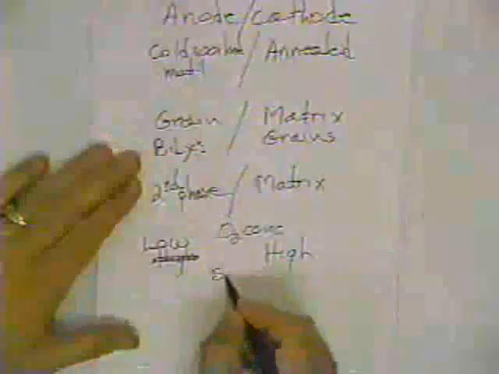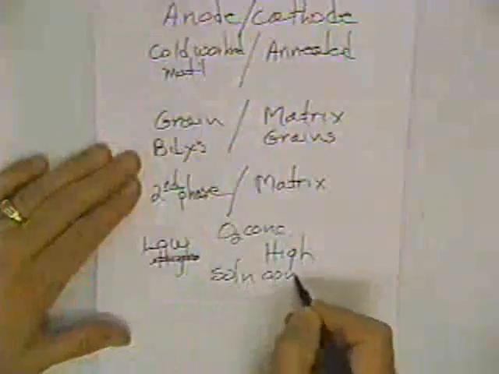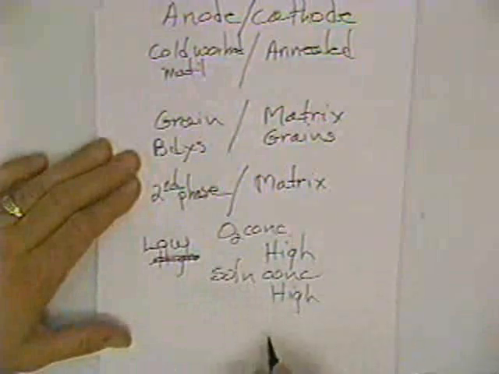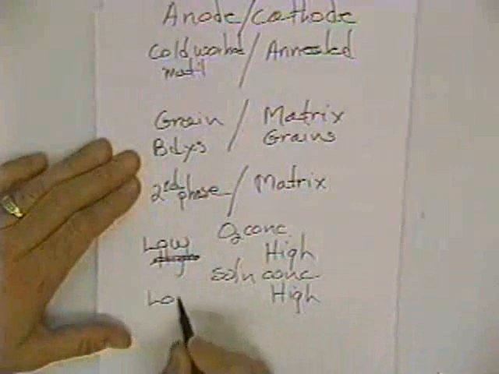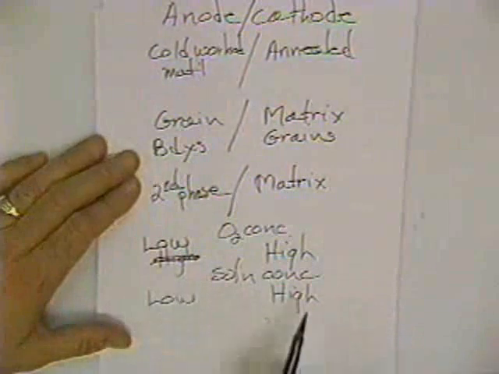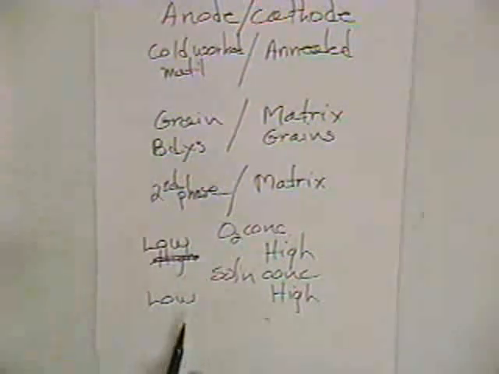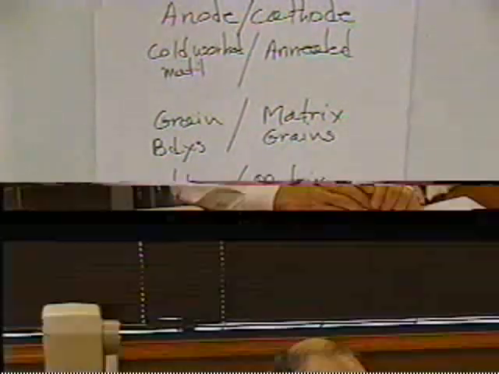And similarly, solution concentrations can do the same thing. If you have a solution concentrations that's high on one part, lower on the other part, the high side will be cathodic, the low concentration will be anodic. So there's a variety of different ways that you can develop anodes and cathodes.